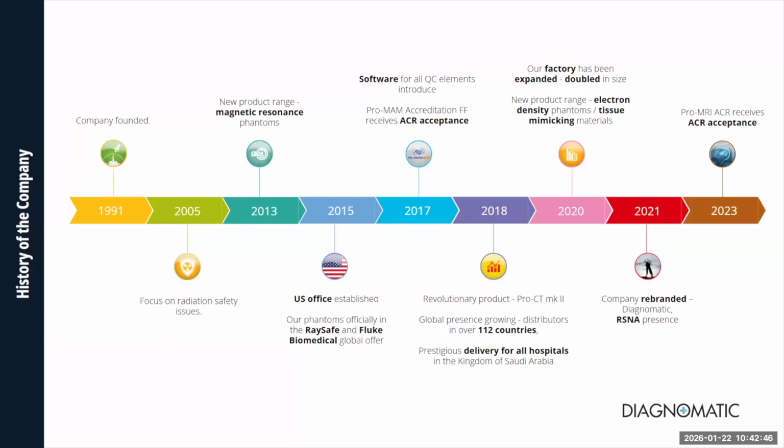In 2017, we also received the first ACR acceptance for the full field mammographic accreditation phantom. It was our very first ACR accreditation, and from that time, we are all the time working on delivering new designs, new phantoms to be accepted as ACR accredited.